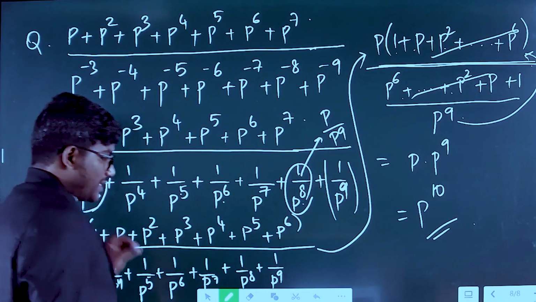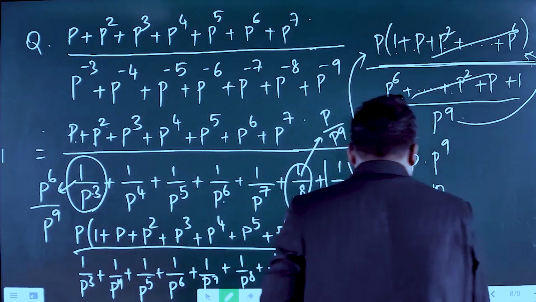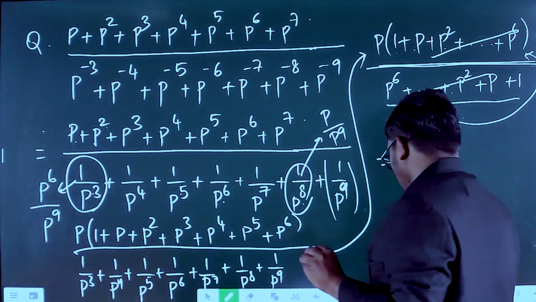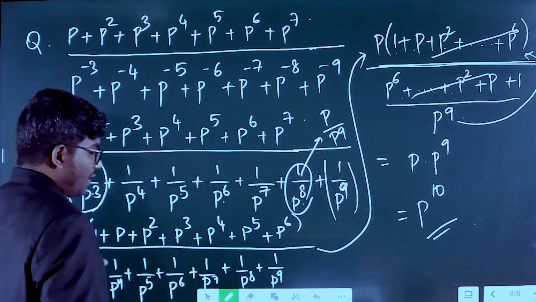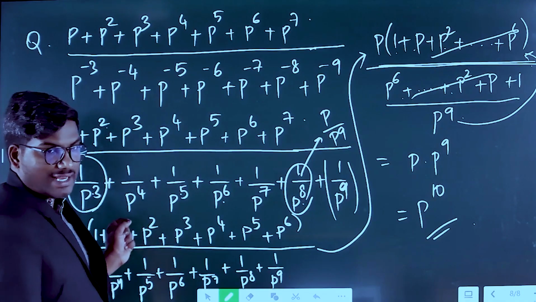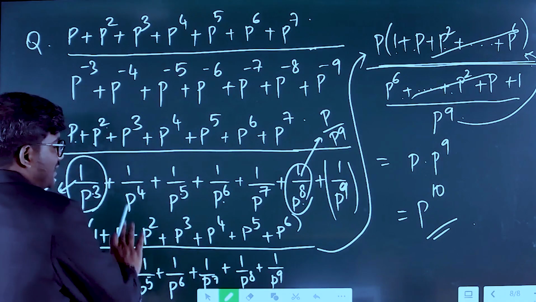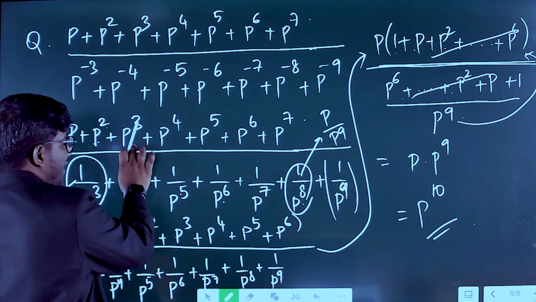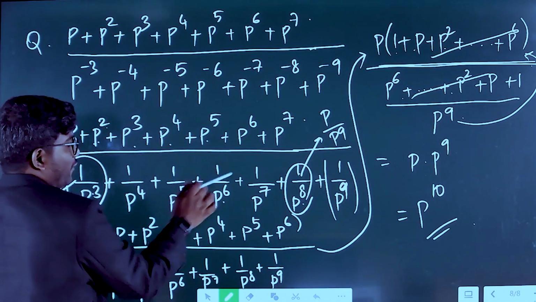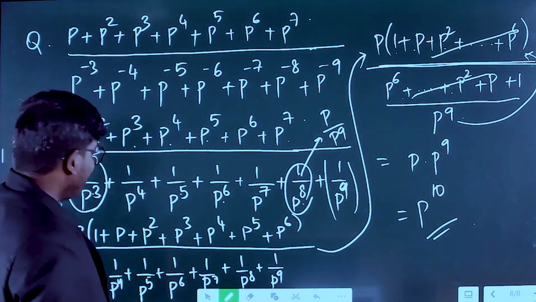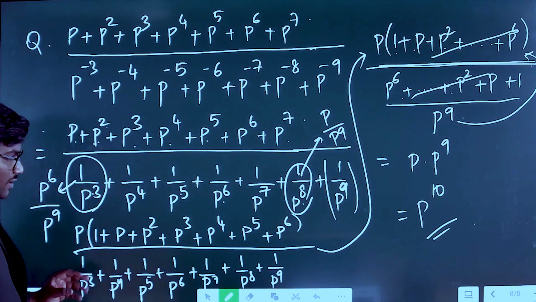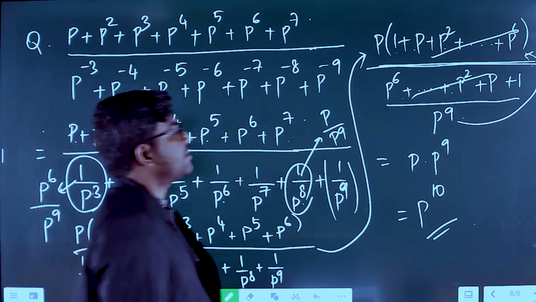Now, subsequently in the numerator, we'll write it as p taken in common. The other part can be written as 1 plus p square, p cube, p power 4 and so on till p power 6. And then we'll write the denominator reciprocals as it is.